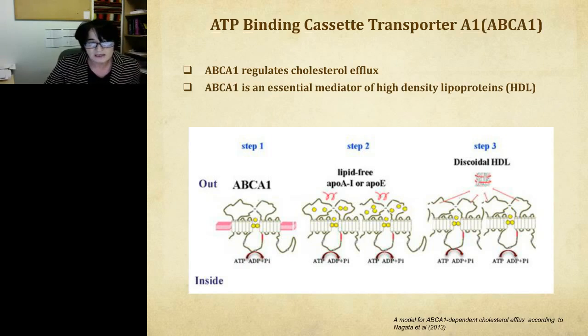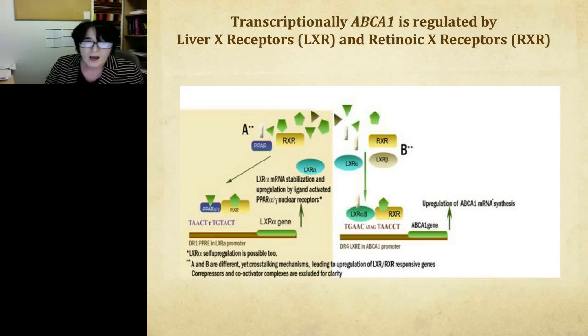So in cases of ABCA1 deficiency, not only HDL are lacking, but the level of apolipoprotein A1 is virtually zero, and APOE is very low. ABCA1 and also apolipoprotein E are transcriptionally regulated by ligand-activated Liver X Receptors, or LXR, or Retinoid X Receptors, or RXR.